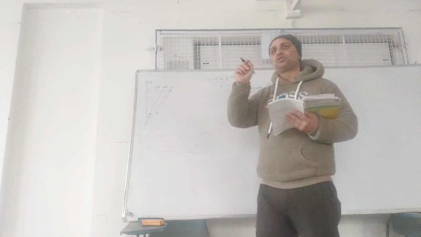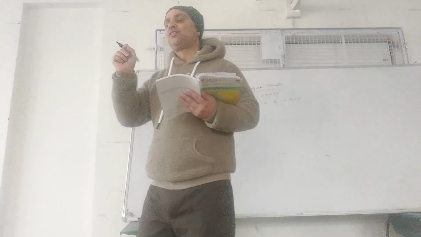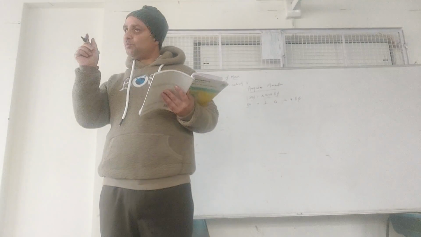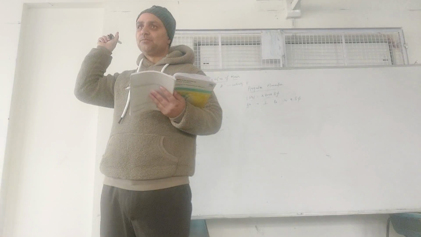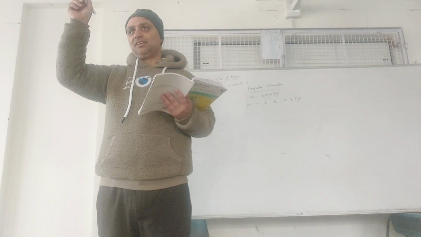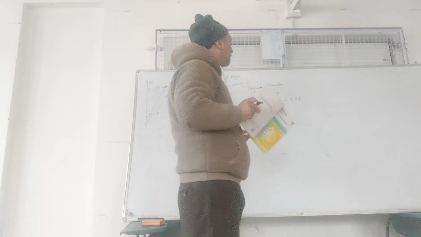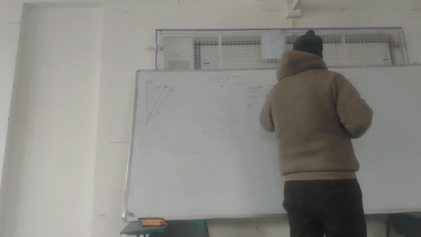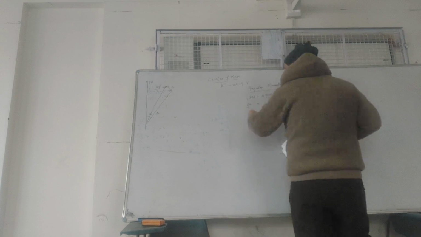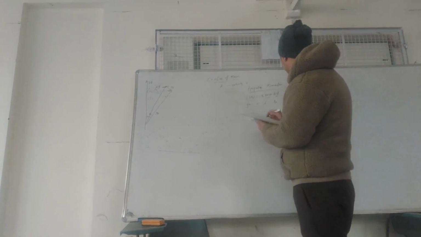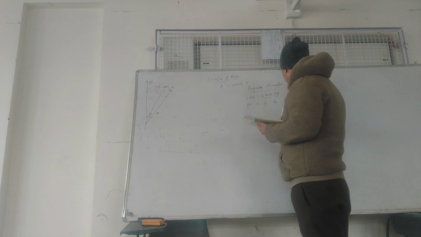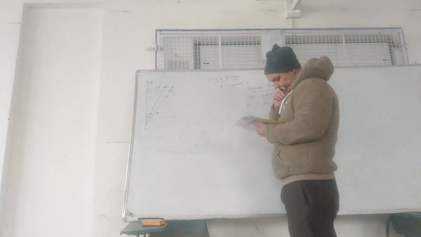Just like you have studied the cross product, E cross B, the propagation of an electromagnetic wave is perpendicular to the E field and B field. In the same way, the change in the radius vector is perpendicular to phi.